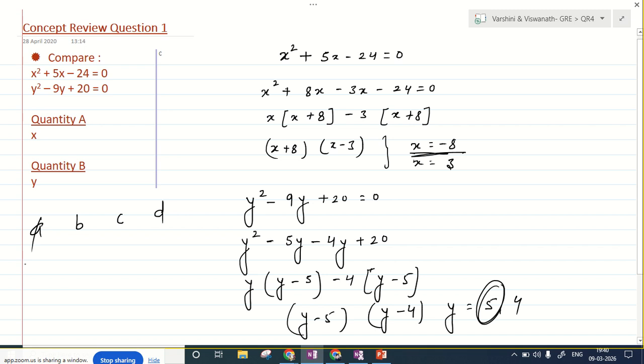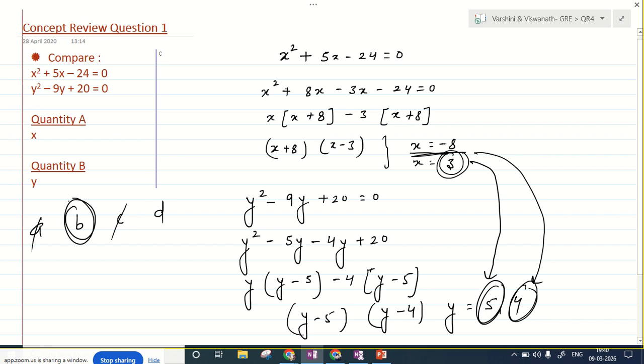So options A and C are gone. Correct, no? Now let's again compare 3 and 4, which is greater. Now I can also compare 3 and 5, which is greater. Again compare 3 and 4, y is greater. That's your answer.